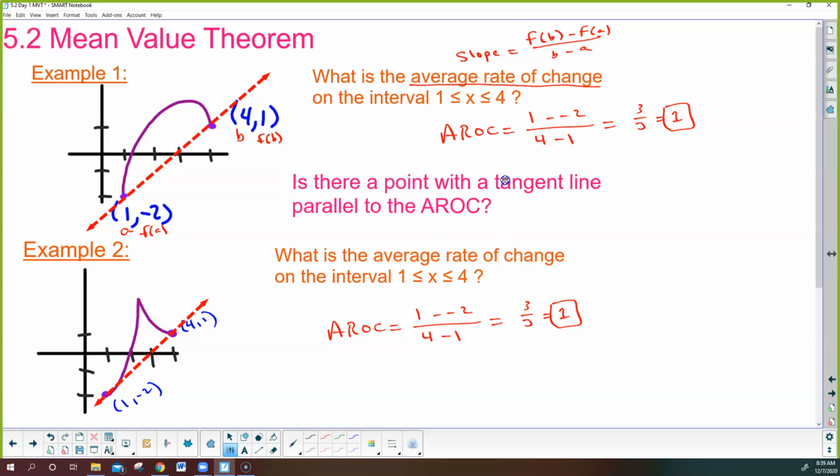Is there a point where the tangent line is parallel to the average rate of change line? So is there another point on this graph where, if I take this and clone it, and I want it to be tangent, which means I have to touch this function at one exact point, right there.